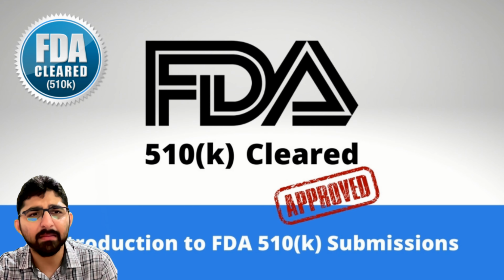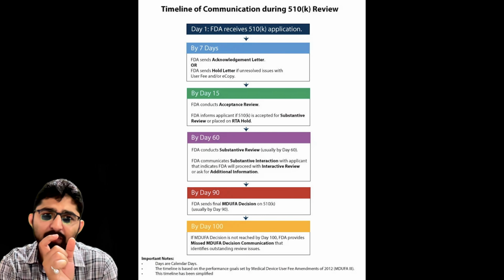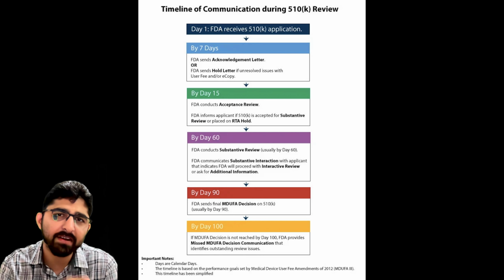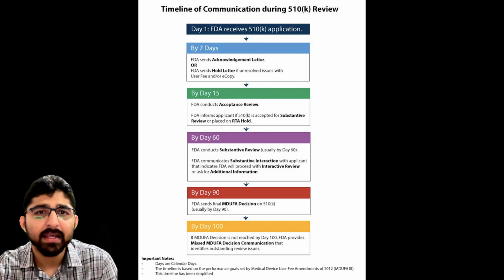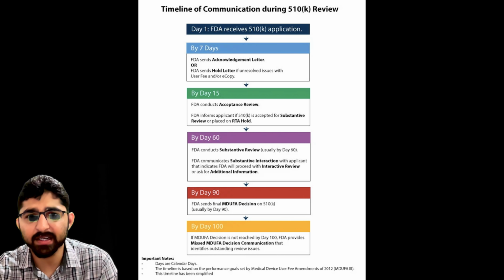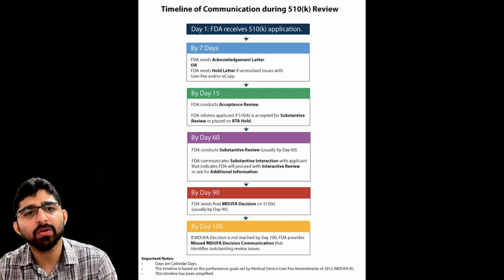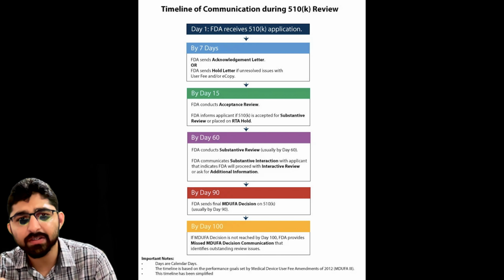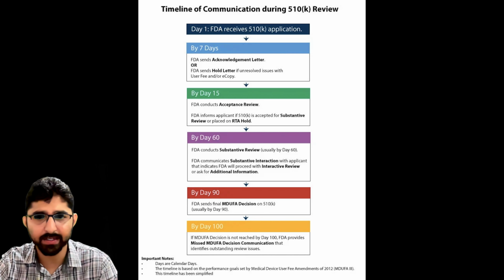So what are the timelines, my friends? How does it work? Usually, day 1 is when the FDA receives the 510(k) application. By day 7, FDA will send the acknowledgement letter to the manufacturer, or FDA will send a hold letter if there is an unresolved issue with the user fee or the eCopy, right?